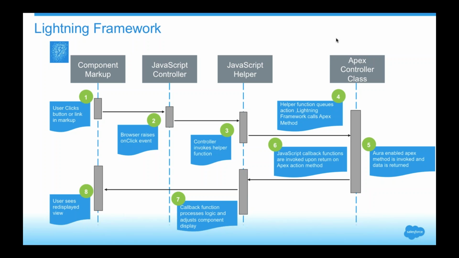One is on the user side, one is on the server side. So you have a JavaScript controller where the browser raises the on-click event. So literally 2 layers are pushed from server side all the way to client side. Exactly, right? If you know these two differences, it's a piece of cake.